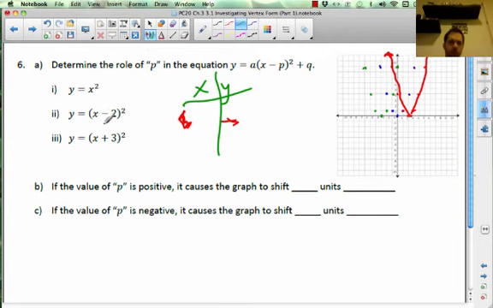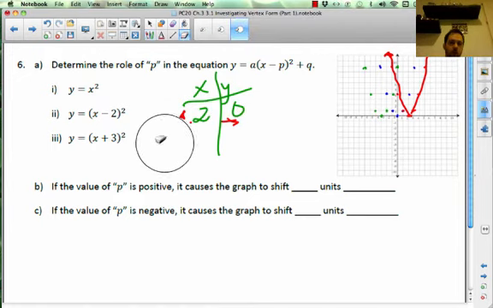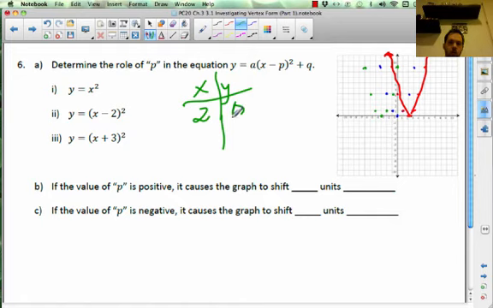So if we plugged in 2 for x, this would be 2 minus 2 all squared. 2 minus 2 is 0 all squared, so then we'd have the point 2 and 0 as we saw right here. And you could do that for as many values as you wanted, really, for x and y, just to make sure that you got them all in the right place on your graph.